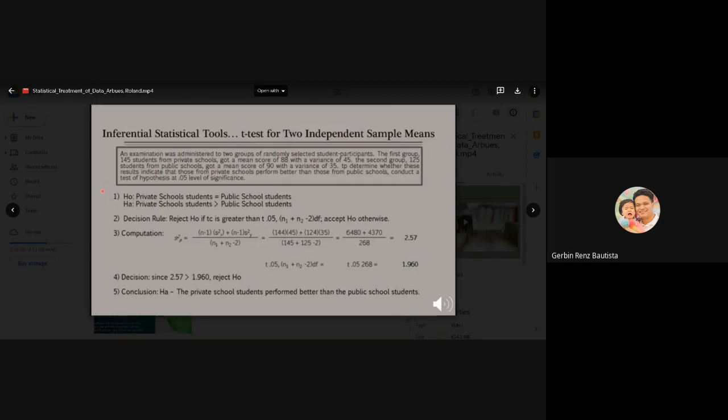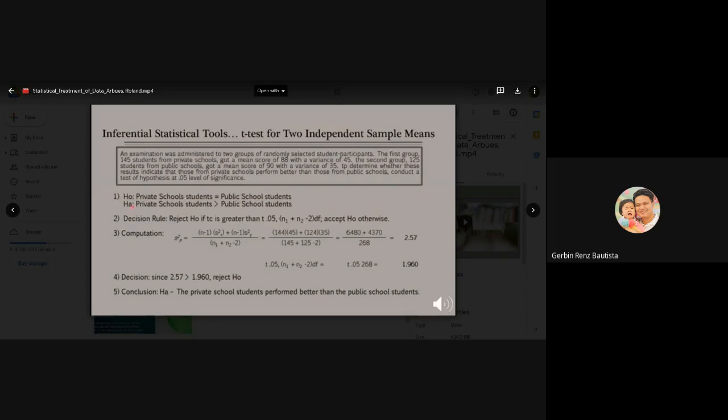This example would be considered a one-tailed test or one-directional test because the problem finds out if a private school student's performance is higher than the public school students. Thus, the null hypothesis would be that the private school students' performance is equal to the performance of the public school students.